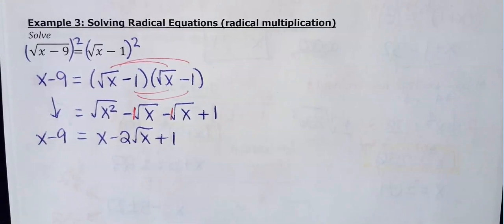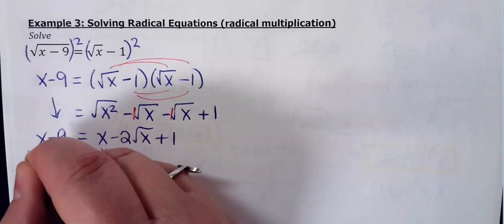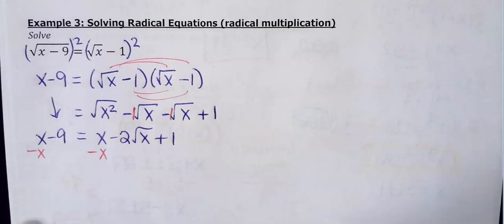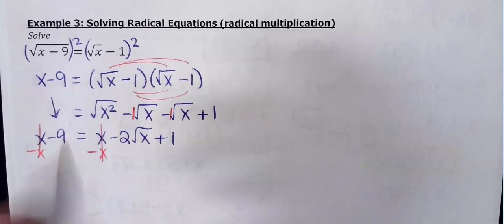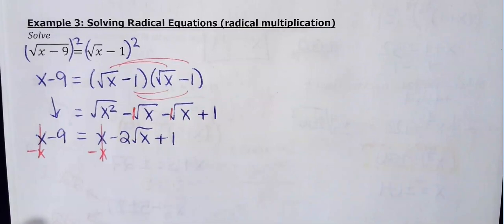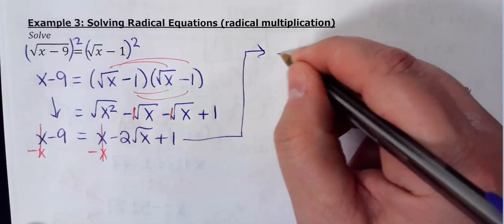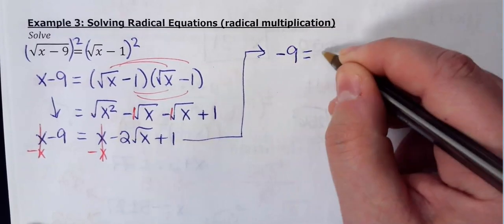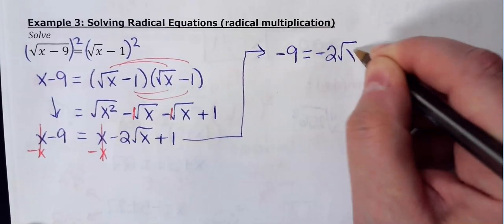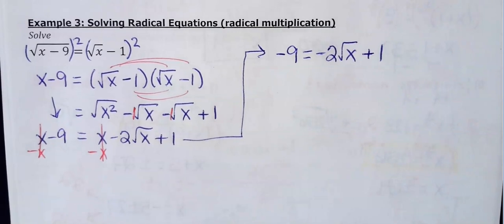Do you guys see I just have a plain x by itself on both sides of the equal sign? So if I try to get all my like terms on one side, the x here and the x here are actually going to cancel each other out. And I'm going to come up here so I have a little bit more room. I really have negative 9 equals negative 2 roots of x plus 1. The x on either side is going to cancel out.